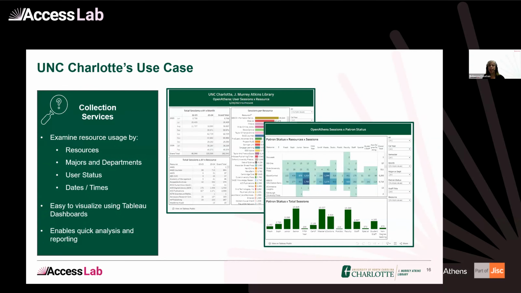I've done that on my side that you can see here. And these dashboards are available to anyone in the library. They're filterable by those types of characteristics I mentioned, dates, times, terms, and user information.